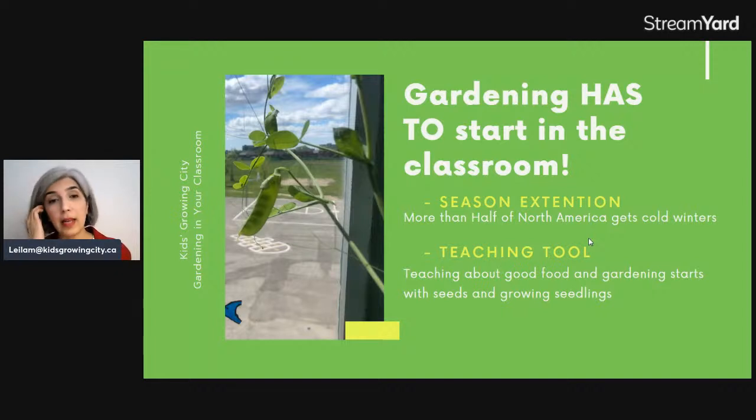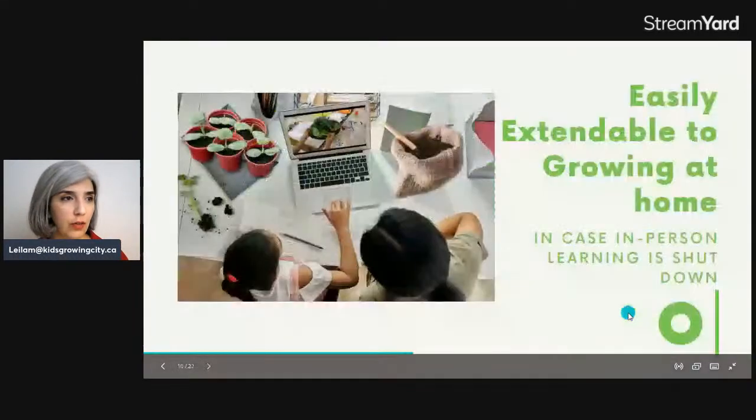Now imagine that versus just going out there and buying a bunch of seedlings and just putting them in the garden with your students. You can imagine and you can see how much of the opportunity of learning and teaching is completely missed and lost there. So we do want to start with growing from seed and growing seedlings to teach our students how to grow their own food and gardening in general.